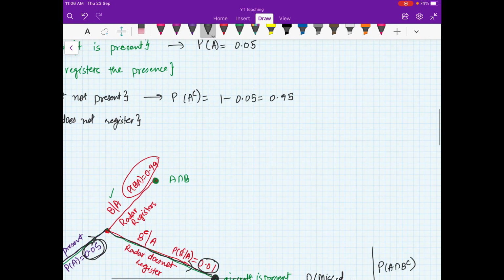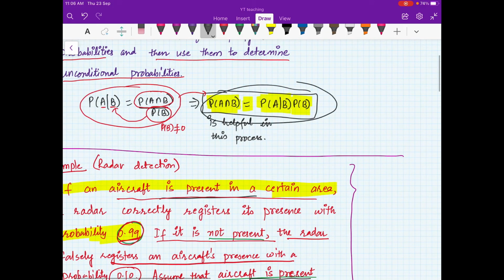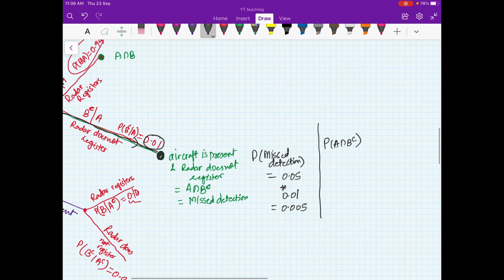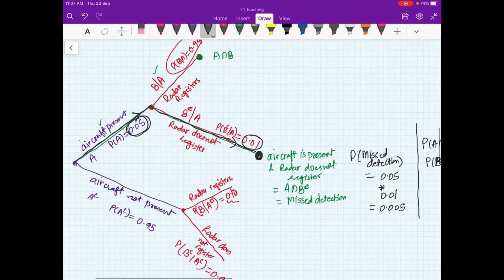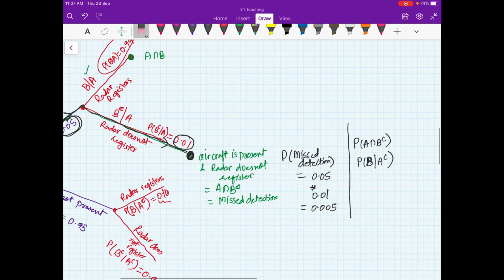So using this, I told you that this formula will be helpful. If I ask you to compute the probability of B complement given A, because that is what we know in this path, what is the probability of B complement given A?